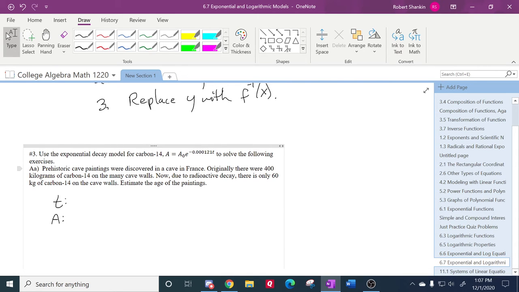I'll call on a group in a minute. Okay, group 6. What is T representing?